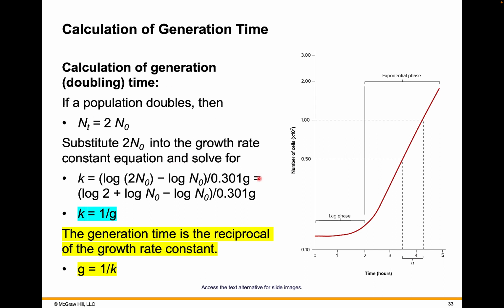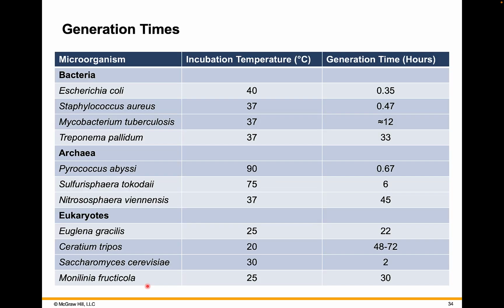So this is basically the overview of that. Again, we are not going to go into the detail of any mathematical expression. If you know the very basics, the relationship of the growth rate constant with the generation time, that is good enough. Here you can see or appreciate the generation times of many different bacteria, archaea and eukaryotes.